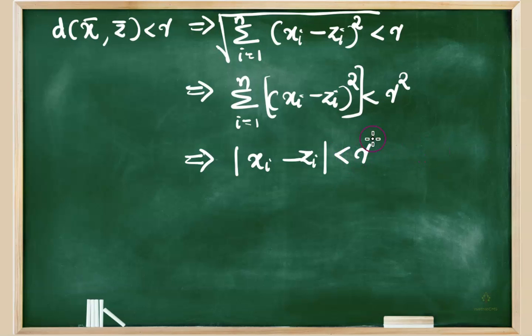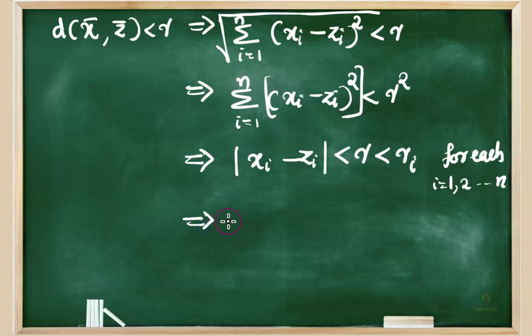Each of these differences should be less than r for each i varying from 1 to n, and we know that this r is less than ri for each i, since r is less than the minimum of r1, r2, etc. rn.